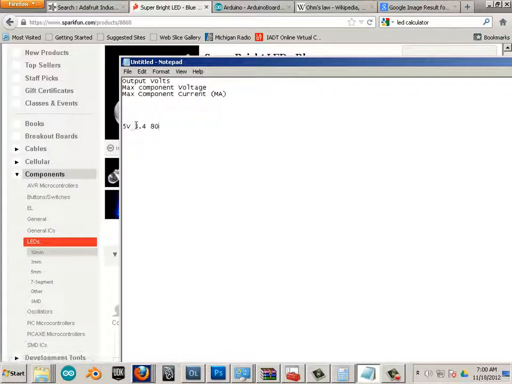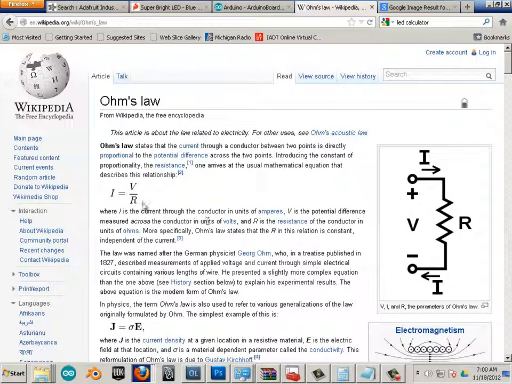All right, let's do some math, shall we? So our resistance is the voltage of what's coming out times the voltage of what it can handle, divided by 80. That's pretty easy to understand, but anytime you show this, Ohm's law, to a student, they shrivel up in a ball. I know I did.